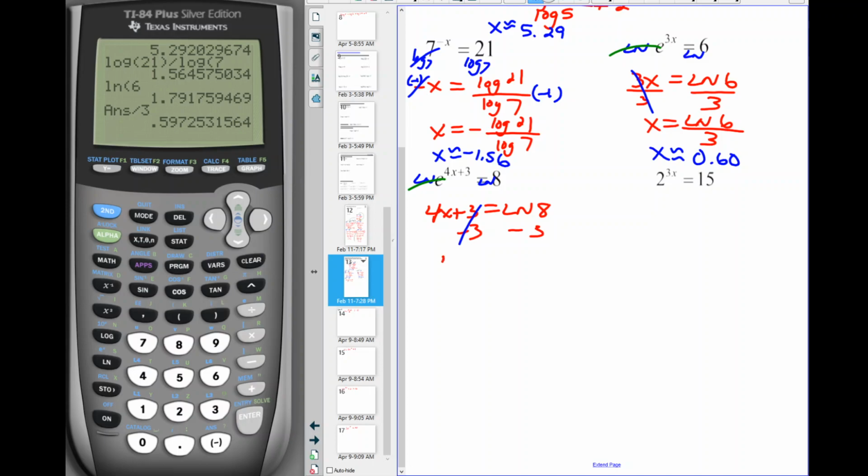Those cannot be added or subtracted. So it just stays ln of 8 minus 3. And then divide by 4. So if you want the exact solution for the variable, it is ln of 8 minus 3 over 4.